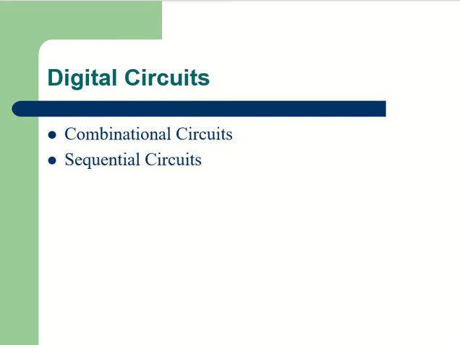So first we'll see the different types of digital circuits. Under digital circuits, mainly we have combinational circuits as well as sequential circuits. Combinational circuits are the ones wherein the output depends upon the present input only. So whatever input we apply, corresponding to that, we are going to get the output.